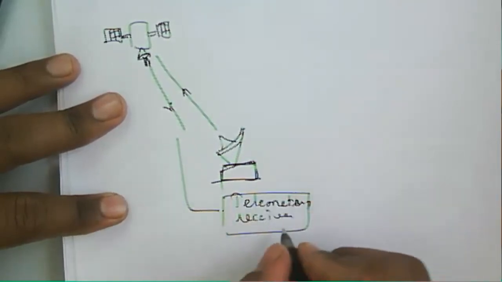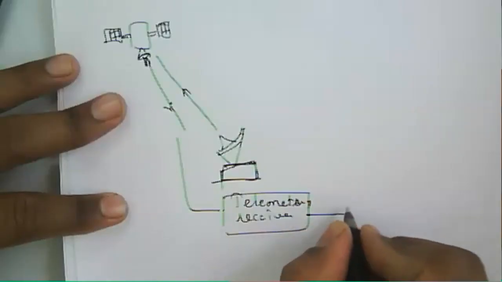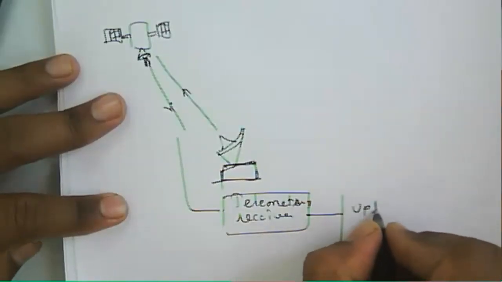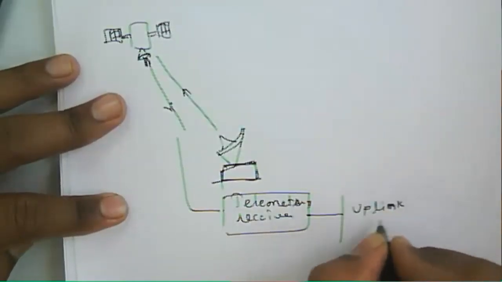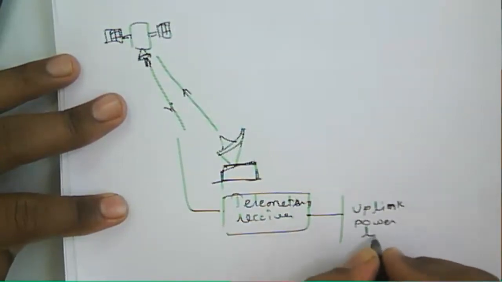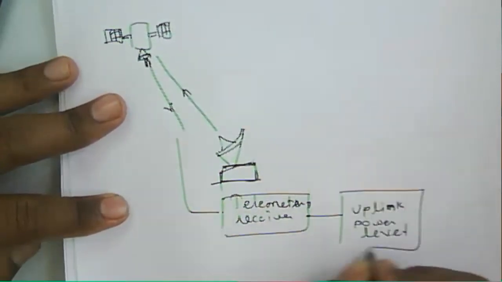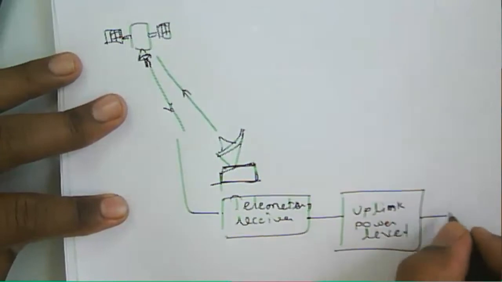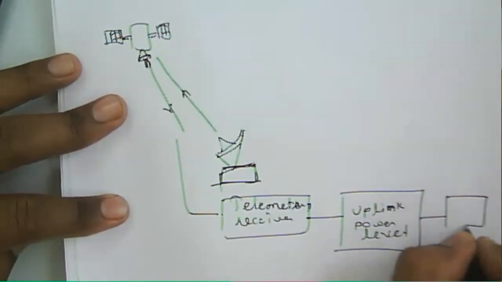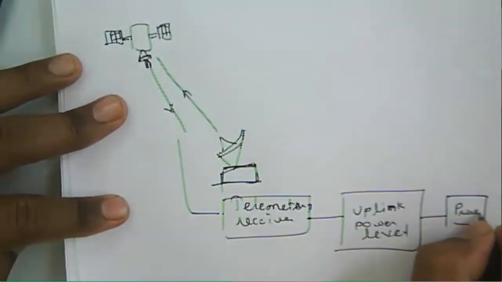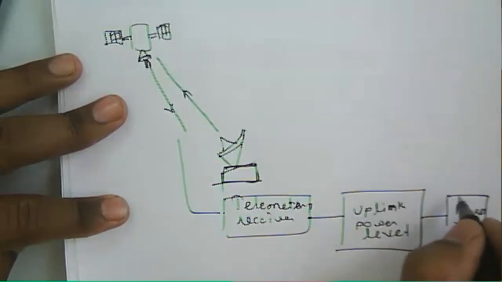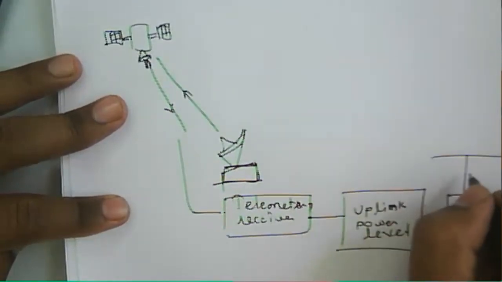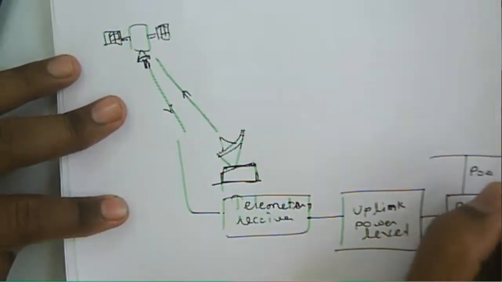According to the telemetry receiver, we can say how much uplink power level is required. According to that, a processor will process the signal and then give the power control signal.